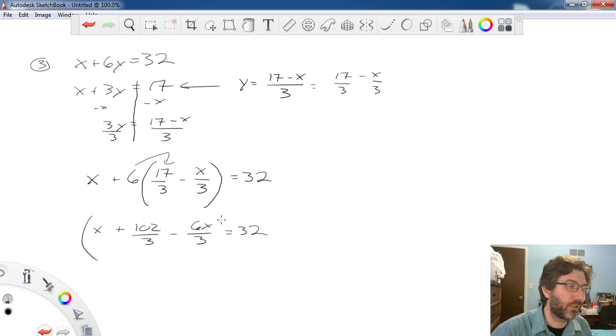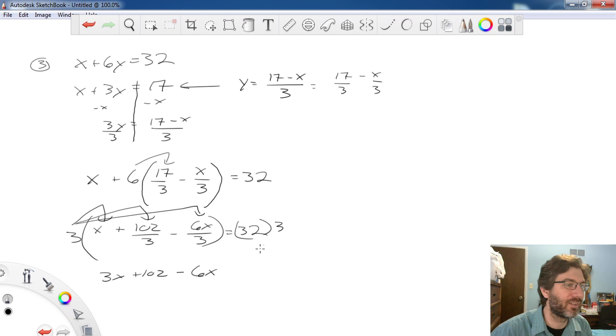Go ahead and multiply out by the denominator. Multiply everything by 3. That's going to give you 3x, because 3 times x is 3x. 3 times 102 divided by 3 is just 102. That's why we're multiplying it by 3. This is a negative. Watch your negative. 6x times 3 divided by 3 is just 6x. That's why we multiplied it by 3.